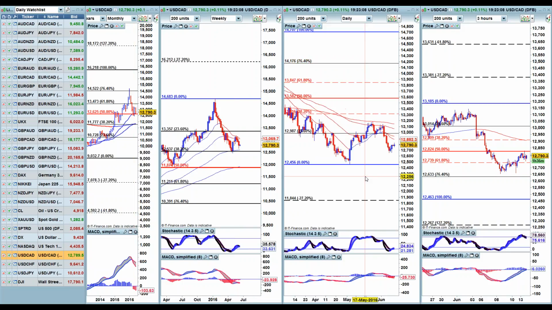That's some good Canadian jobs data on Friday, which lifted this. Which dragged it down, I should say. And hence gave us the lower close, or a push lower on Friday.